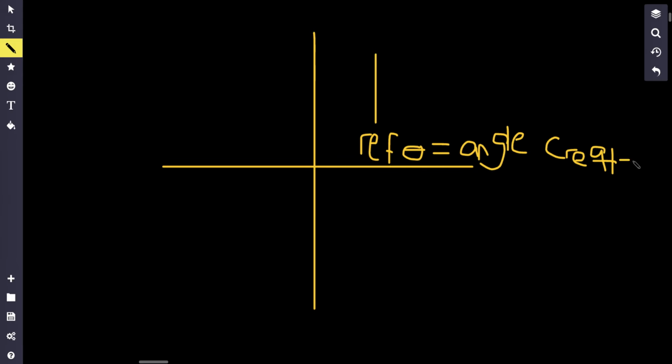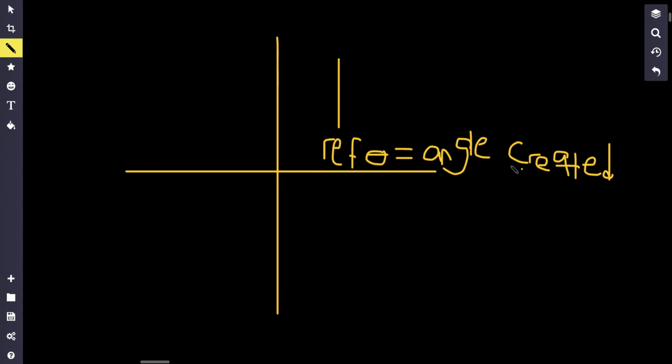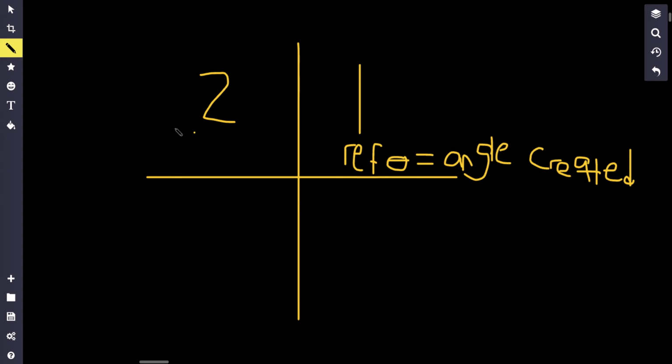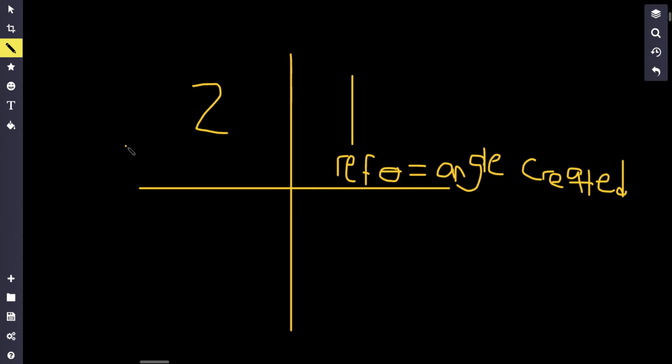Just for a quick recap: if your angle is in quadrant 1, the reference angle is equal to the angle that you created. If your angle's in quadrant 2, you take 180 and subtract the angle created, and that gives you your reference angle.